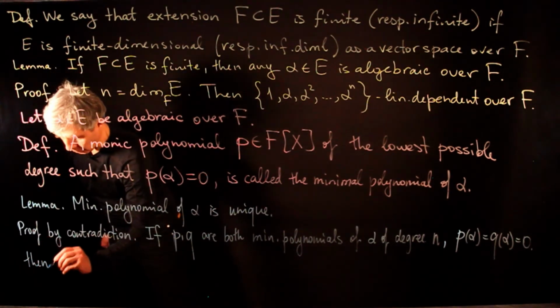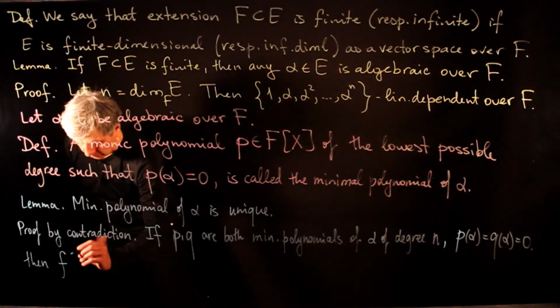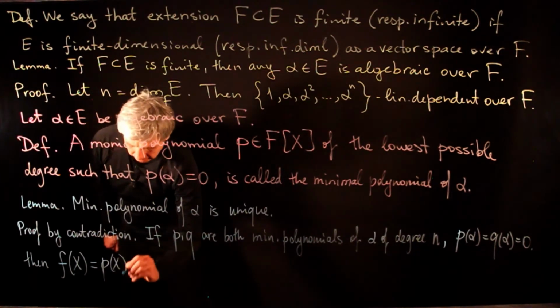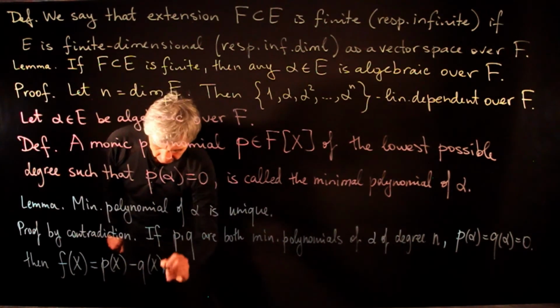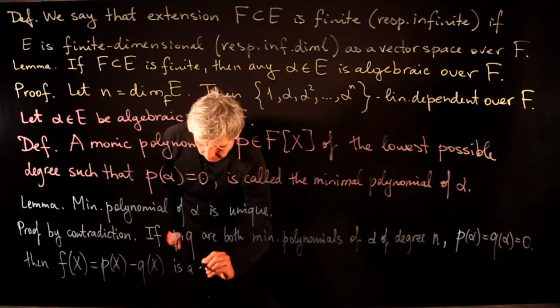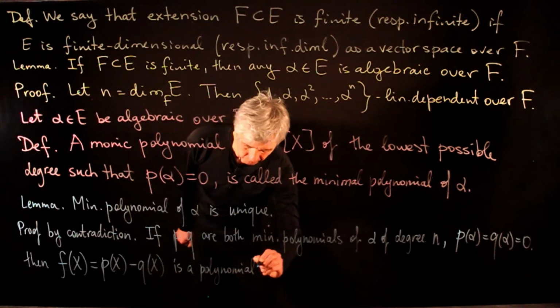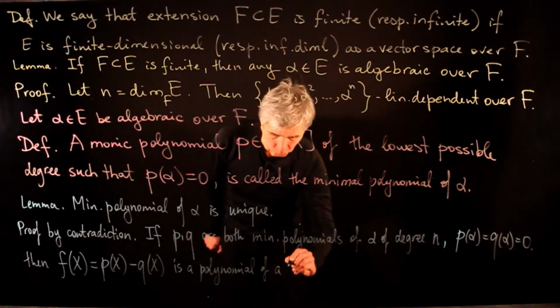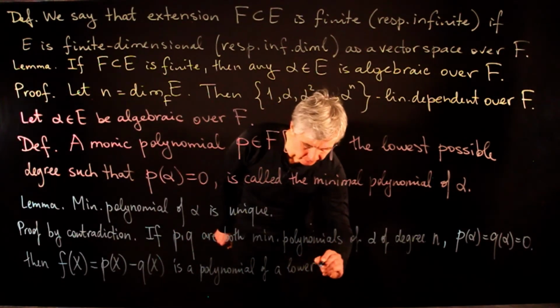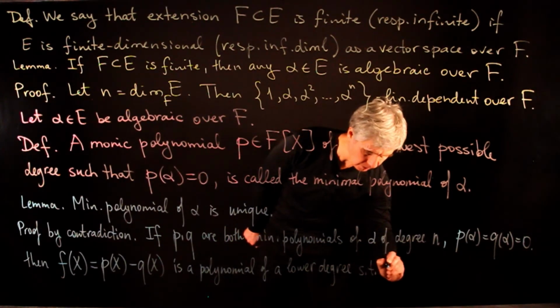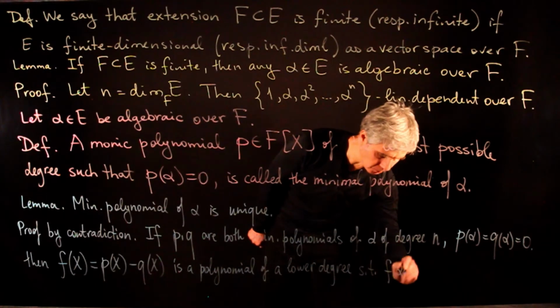Then f of x, which is P of x minus Q of x, is a polynomial of a lower degree such that f of alpha is equal to 0.